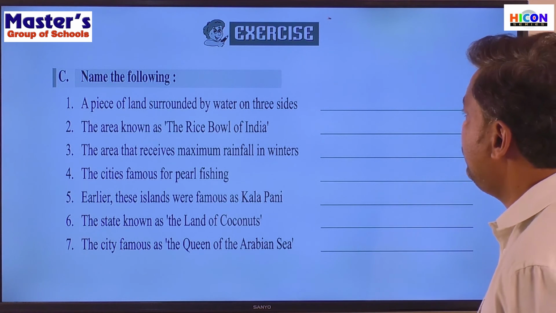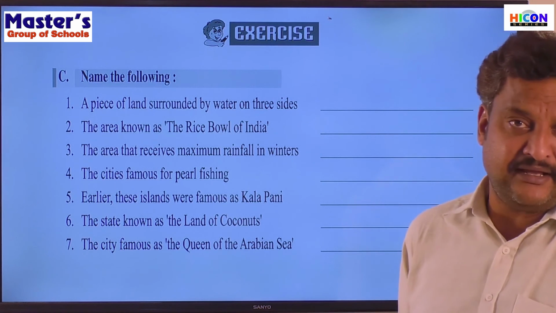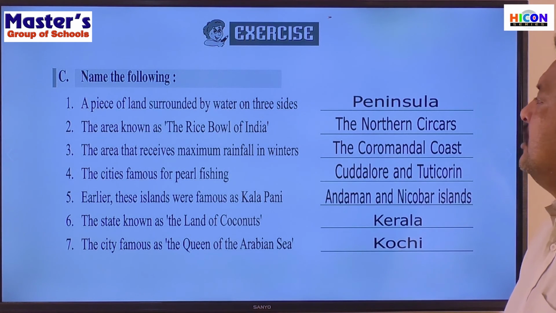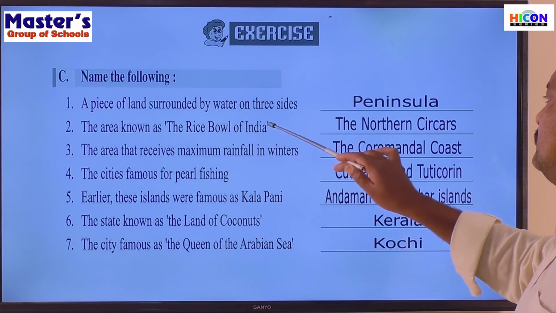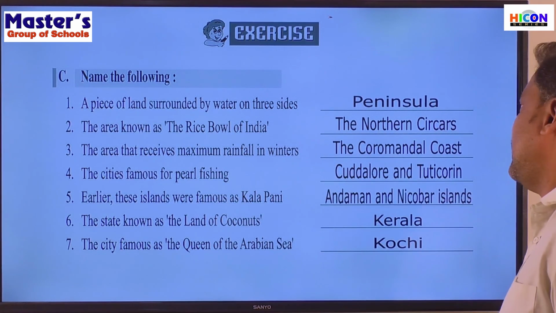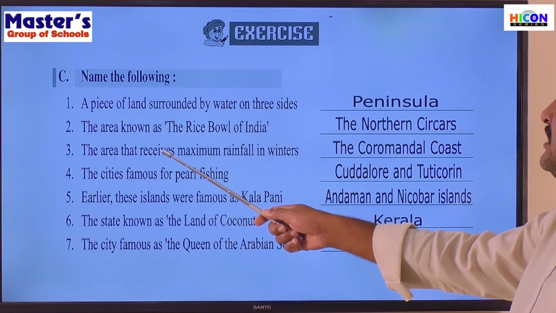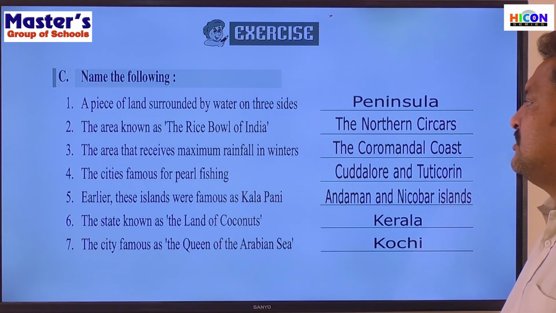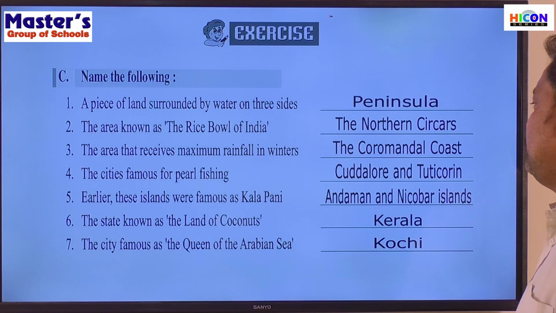Right? So before we go on to the next question, we will check the answers once. Yes. A piece of land surrounded by water on three sides is a peninsula. The area known as the rice bowl of India is the Northern Circars. The area that receives the maximum rainfall in winter is the Coromandel coast. The cities famous for pearl fishing are Kodallur and Tuticorin.